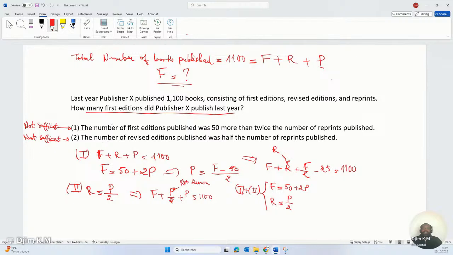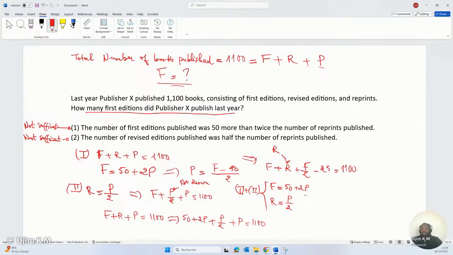So we have this equation here, F plus R plus P. We can replace the value of F, which gives us 50 plus 2P, plus R, and R is P divided by 2, plus P. So this will allow us to get the value of P. And once we get the value of P, we can simply replace it here and find the value of F.